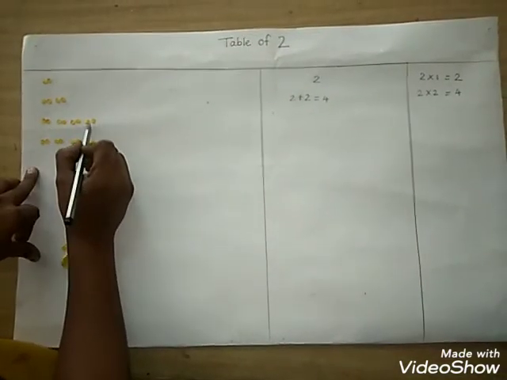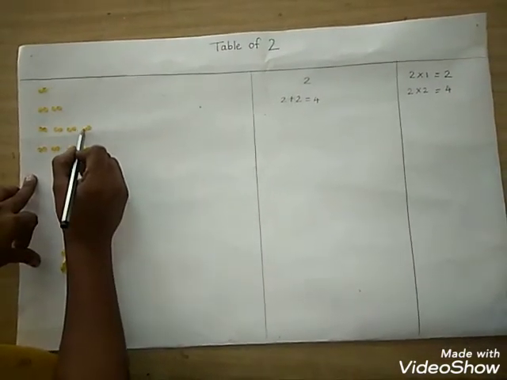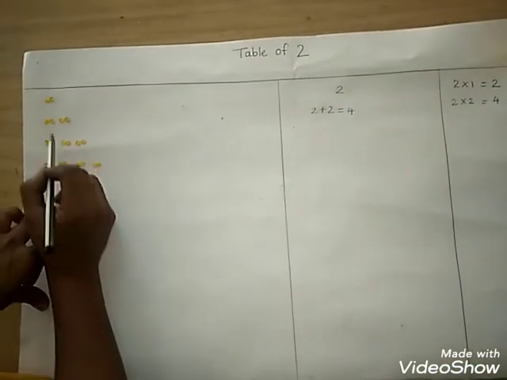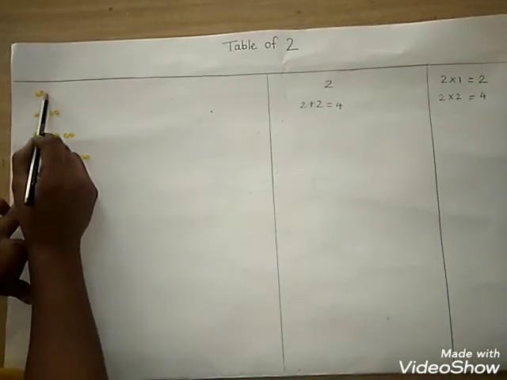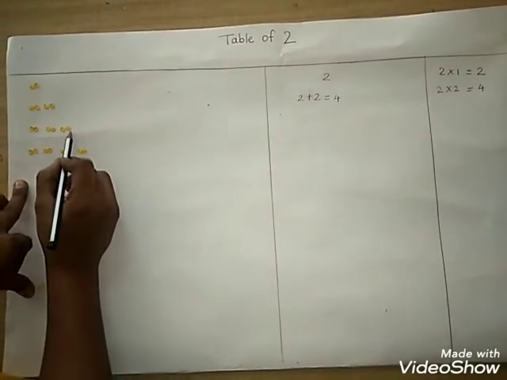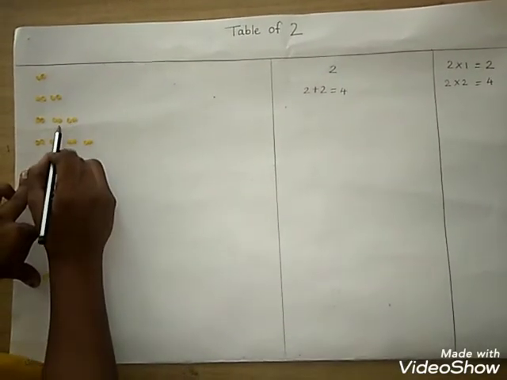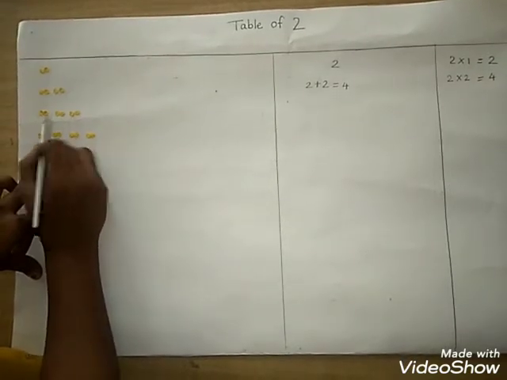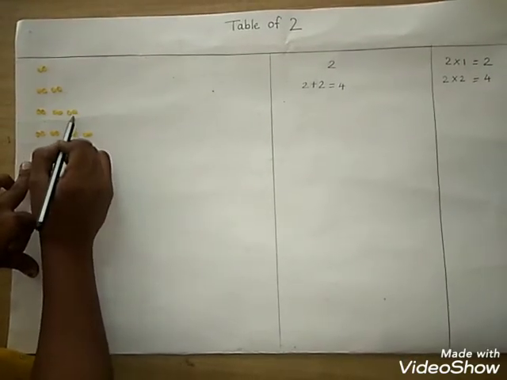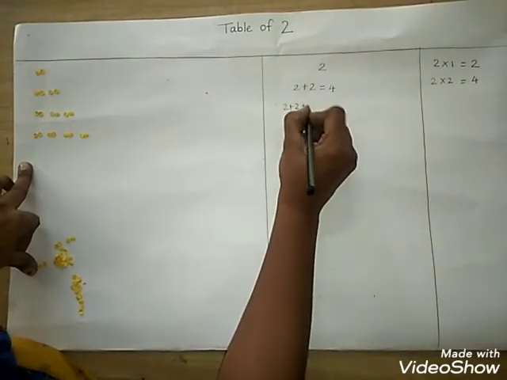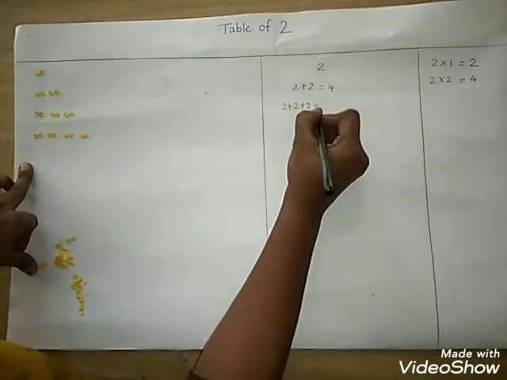Next I took one more group. Here we have 2 groups and one more group is added, so 3 groups, meaning 2, 2, 2. 2 is repeated 3 times. So we write 2 plus 2 plus 2 is equal to how much?